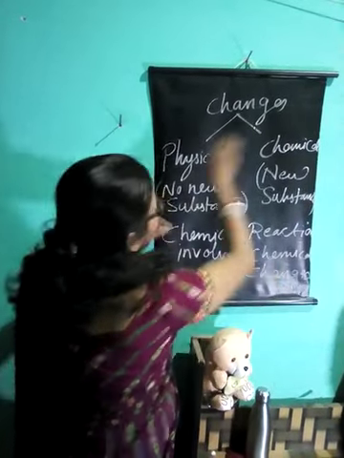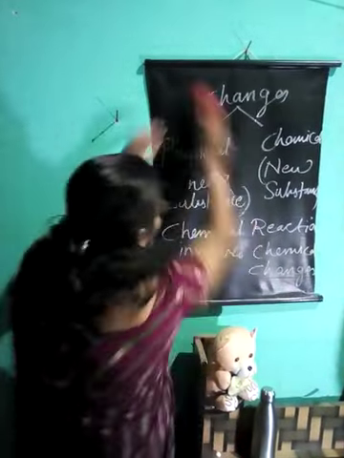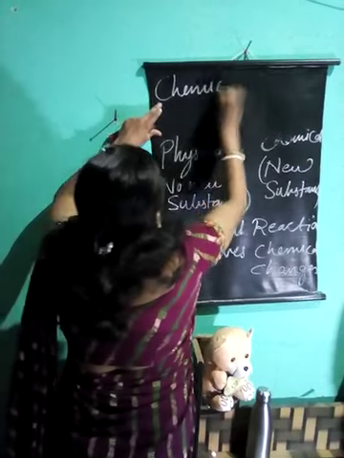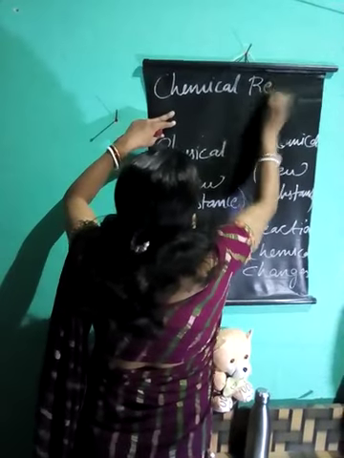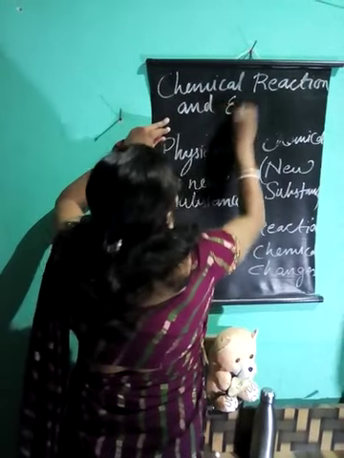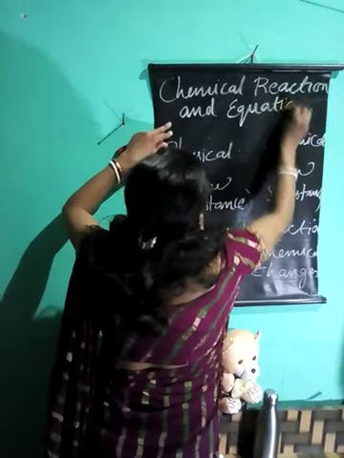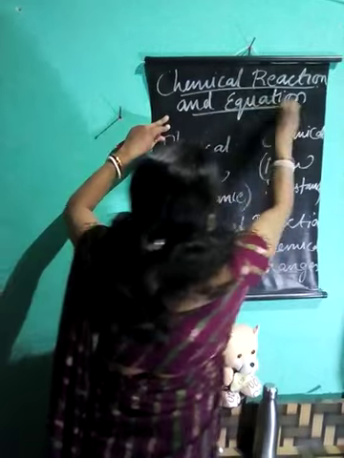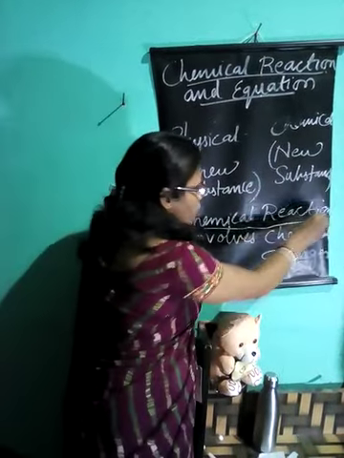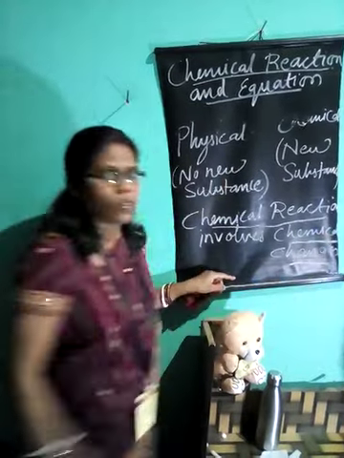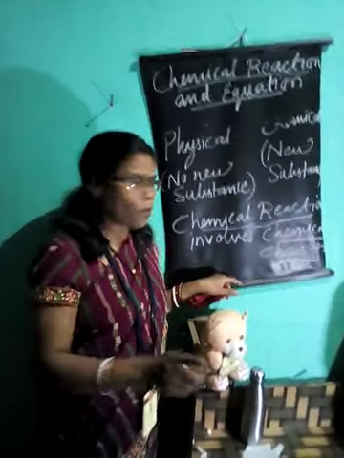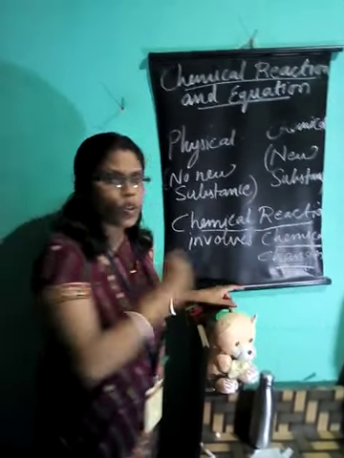Beginning of the chapter, that is chemical reactions and equations. This is our chapter, first chapter in chemistry. Now I told you chemical reactions involve chemical changes. Why? Because in chemical changes new substance is formed, and in chemical reaction also new substance is formed.